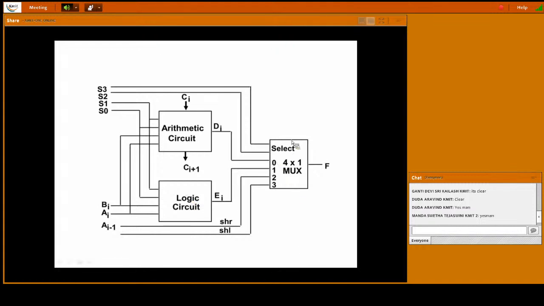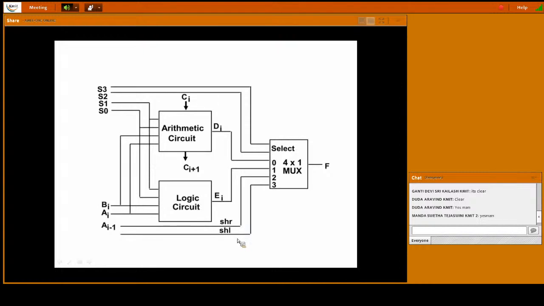Now, here I am going to consider one more multiplexer of size 4 by 1. Why? Because what are the inputs you are getting? This is arithmetic operation, the first. Logic operation is the second input. Next, shift micro operations are also there.